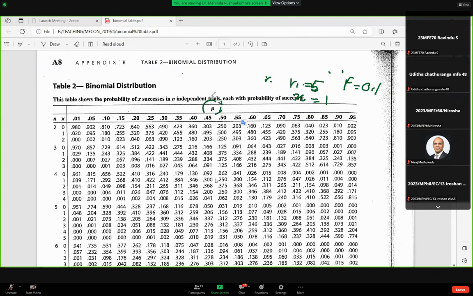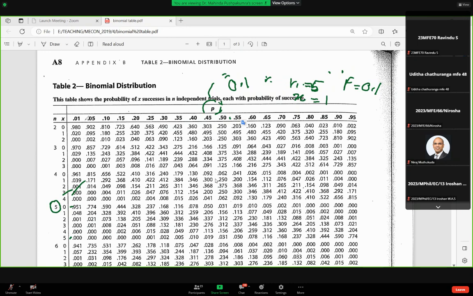That means in our example, P is 0.1. Then how many trials do we have? 5 trials. Then the possible values for X are 0 up to 5.